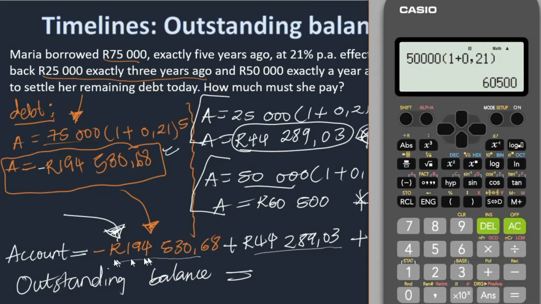So now your outstanding balance, take out your calculator there. You have negative 194,530.68, and you have the positive balance, which is 44,289.03, and then you also have another positive balance, which is 60,500.